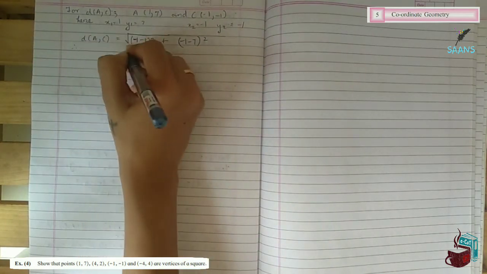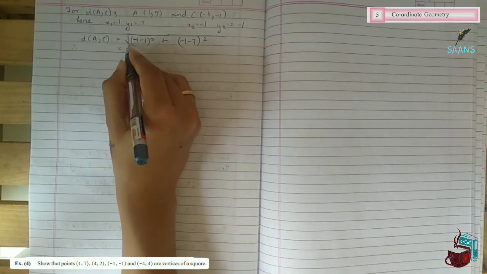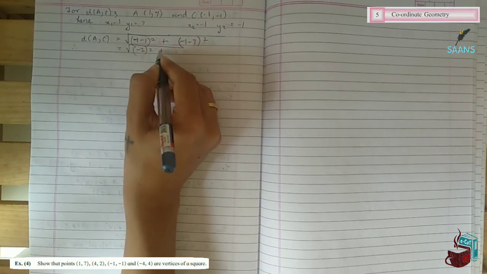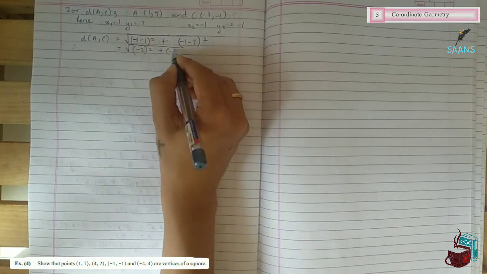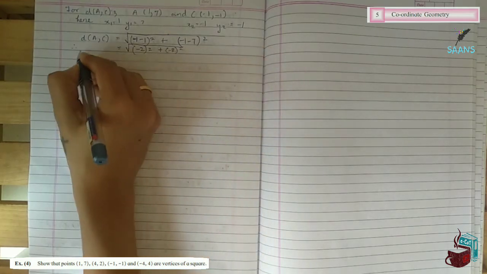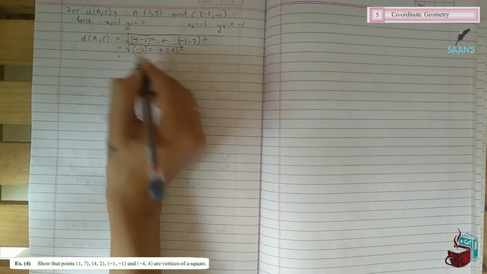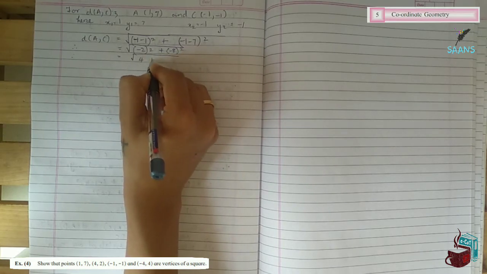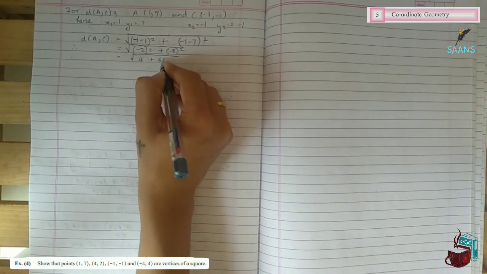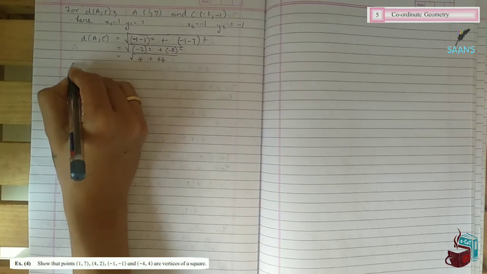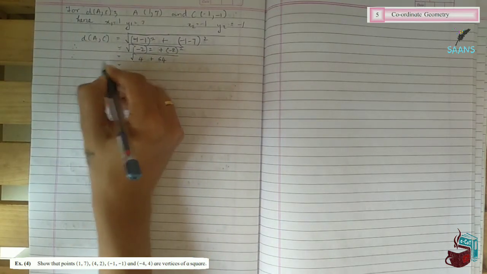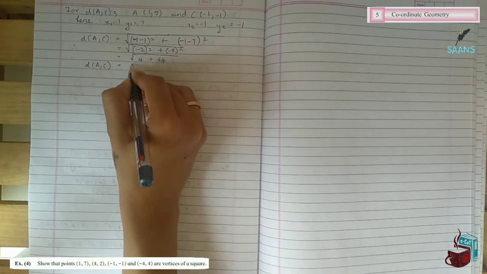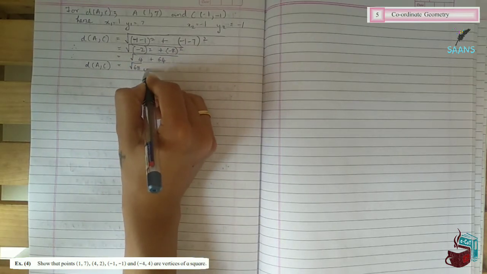Therefore that is equal to minus 2 the whole square plus minus 8 the whole square. Therefore that is equal to 4 plus 64. Therefore distance A comma C is equal to under root 68 units.